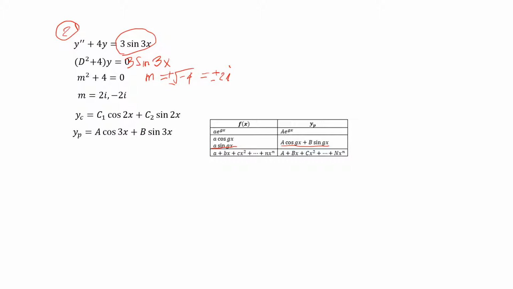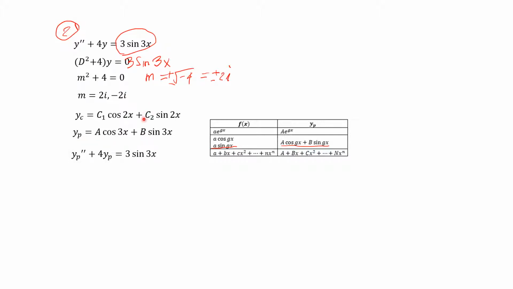Therefore our y sub p is equal to a cosine 3x plus b sine 3x. Now compare y sub c and y sub p. Are they the same? No, they are not. Cosine 2x and sine 2x are different from cosine 3x and sine 3x. So we will now proceed with the next step.